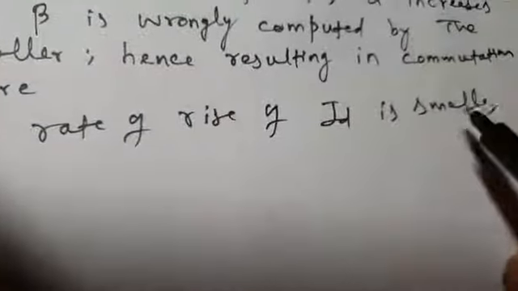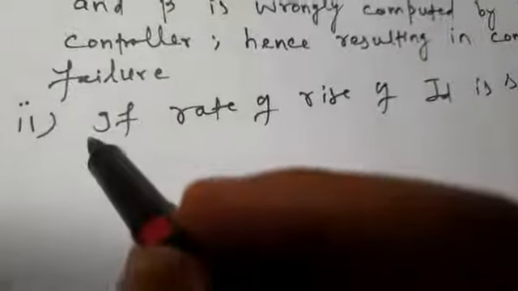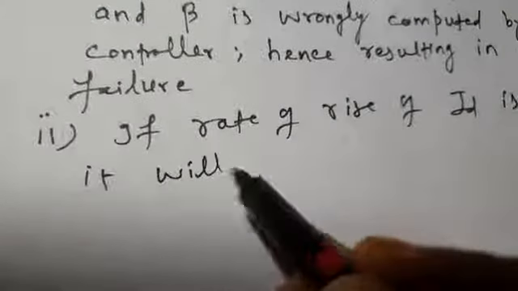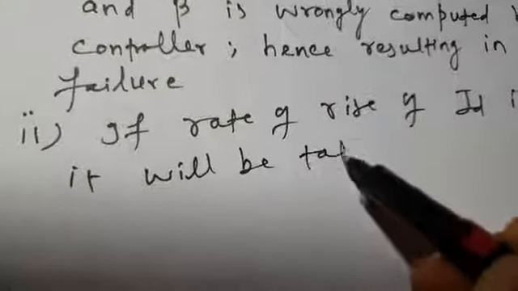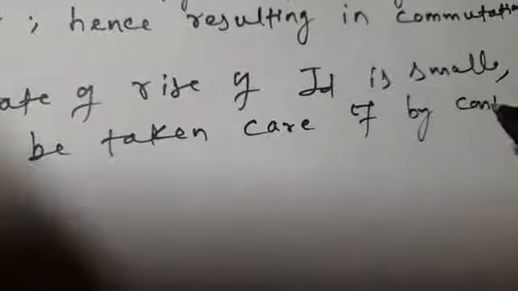I mean, when a fault occurs, if ID increases slowly, that is, the rate of rise of ID is small, then there is no problem. It will be taken care of by the controller.